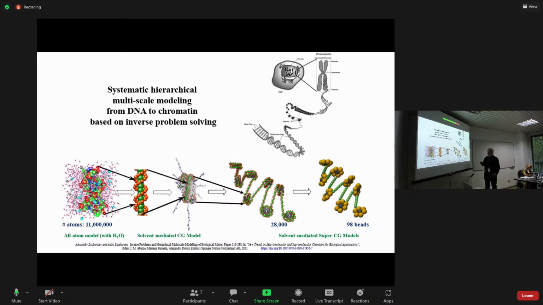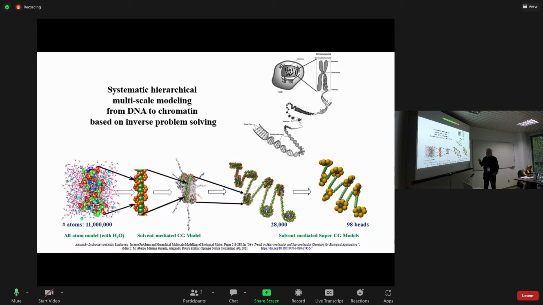Here, actually, the interior is made of an elastic network model. And then you successively coarse-grain it and make the system bigger and bigger.